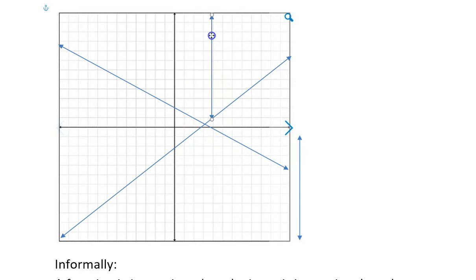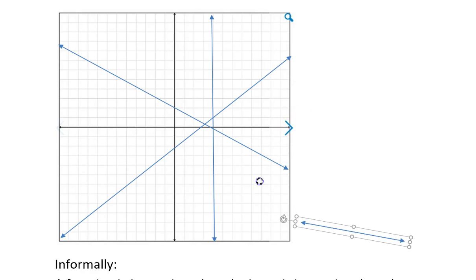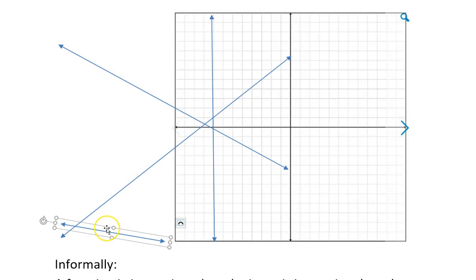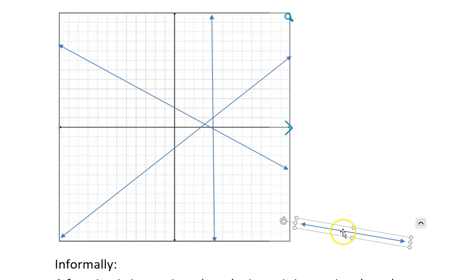So here is my vertical line. There's vertical. And then my horizontal or constant, that is going to be, that did not work as it was supposed to. There we go.